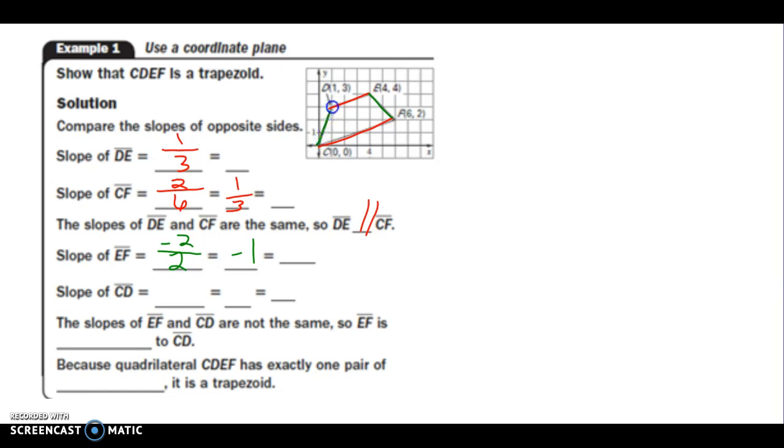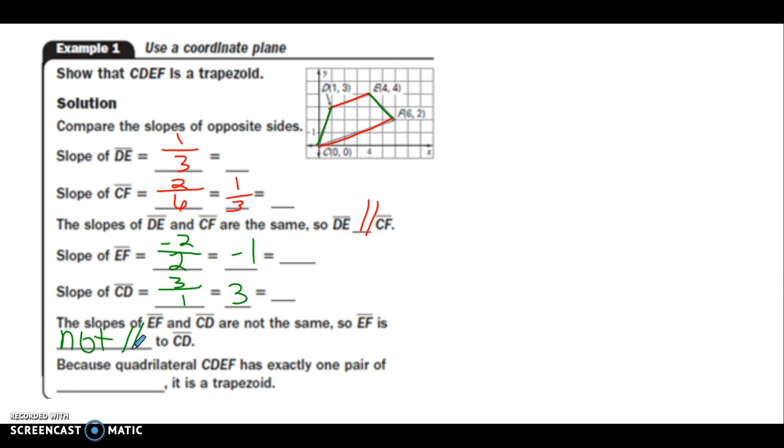On CD, our last line, how far do we rise? 1, and run 3. Are those slopes the same? No. So you say EF is not parallel to CD.